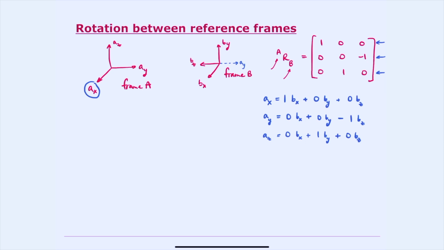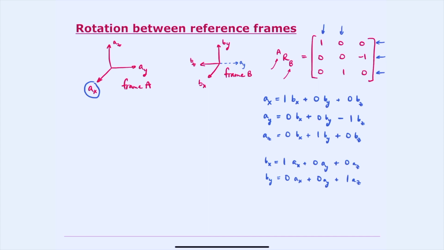What about the columns of the rotation matrix? In fact, the columns tell us the same thing, but the other way around. For example, the first column says BX equals 1 AX plus 0 AY plus 0 AZ. Well, we knew that already. BX and AX are parallel. How about the second column?